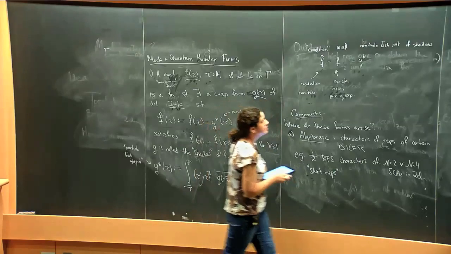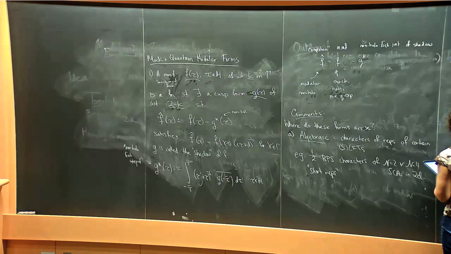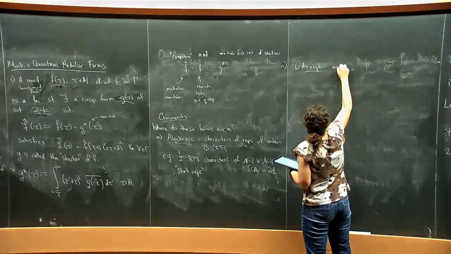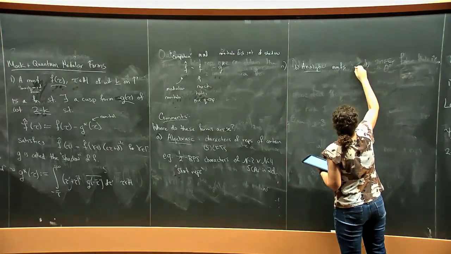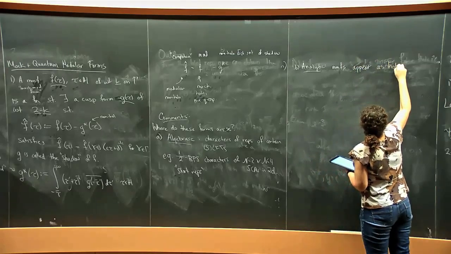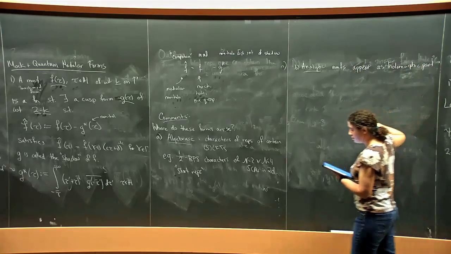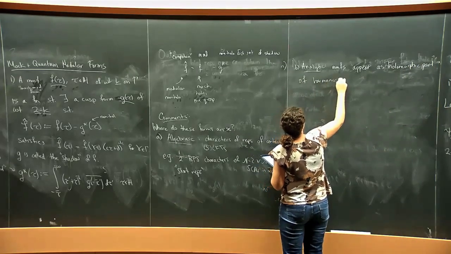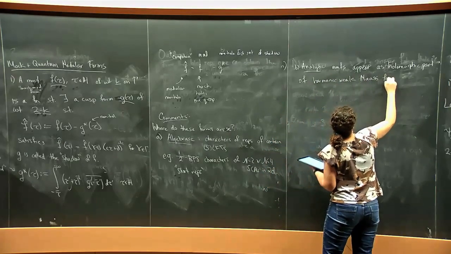A second way is, I would say, more analytic. I won't say much about this, but Mock modular forms also appear as the holomorphic part of what are called harmonic weak Maass forms.